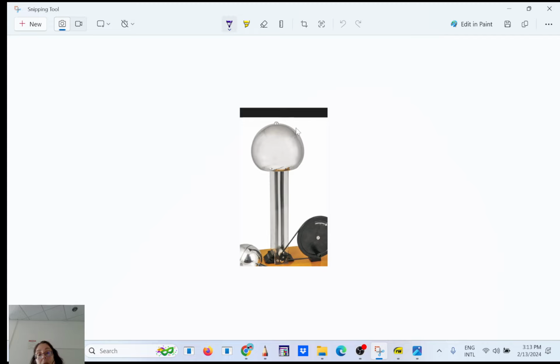So first of all, let's say your Van de Graaff is positively charged, yes? So do you see that the electric field is away, right? And do you see that the electric field is always perpendicular to the surface because it's a conductor? So this is perpendicular, this is perpendicular.